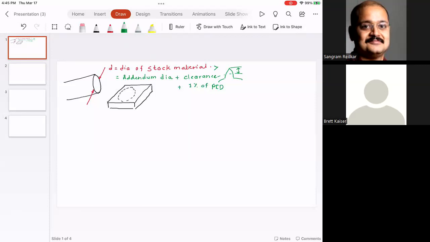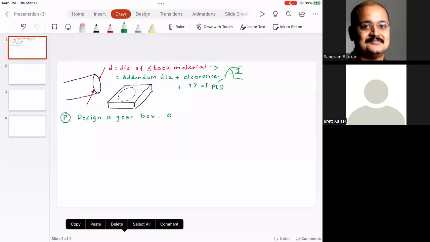So, a couple of concepts. Say we are going to design a gearbox, and I'm going to invent a question. Design a gearbox for an overall reduction ratio of 6.